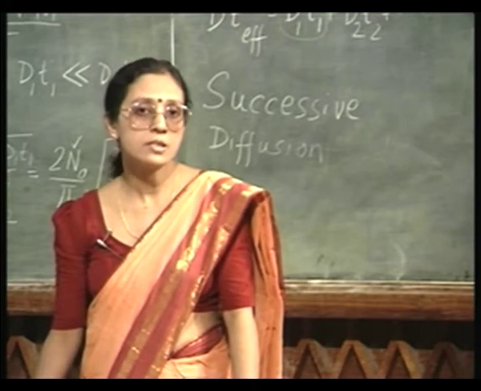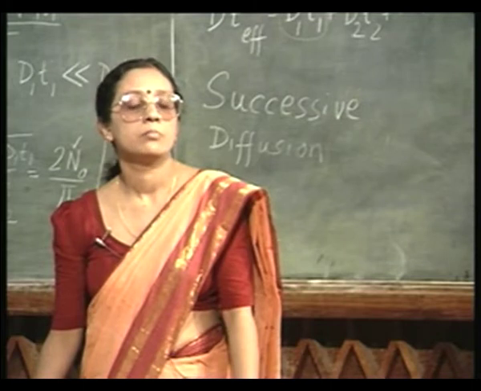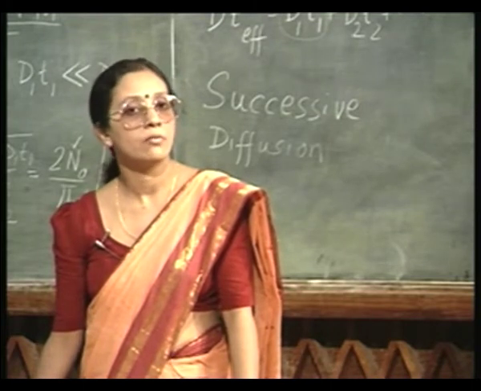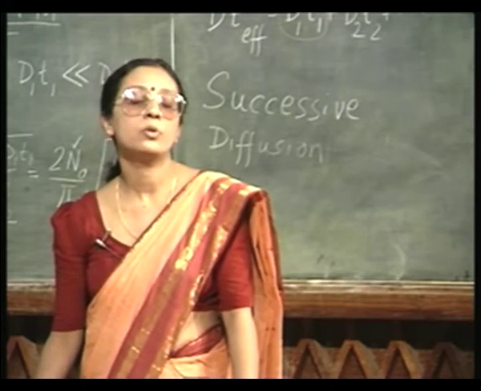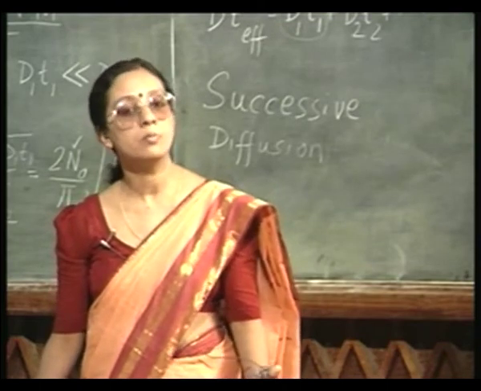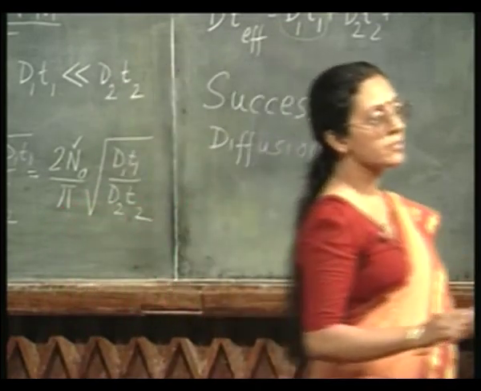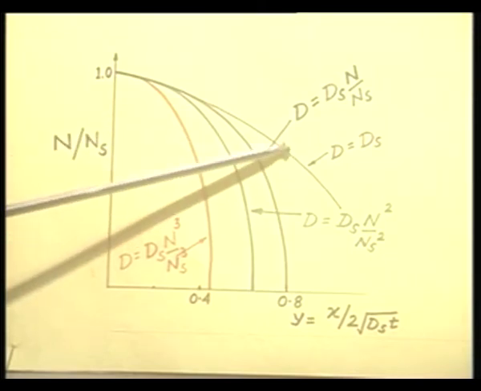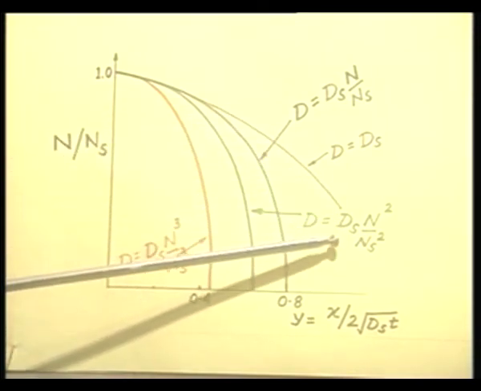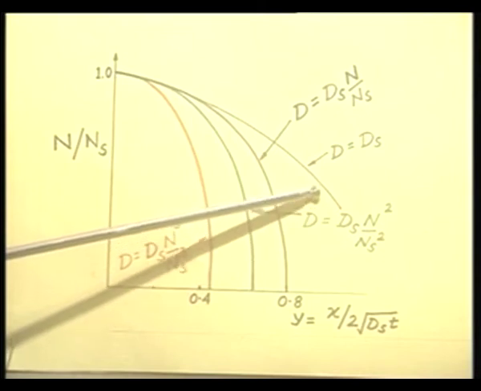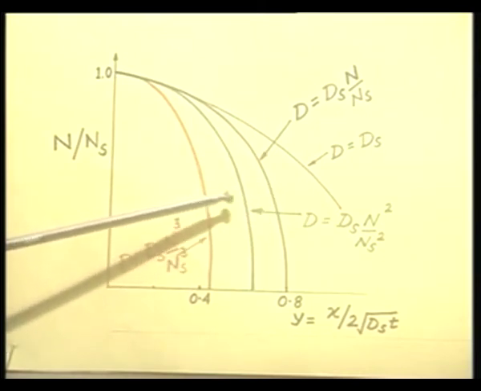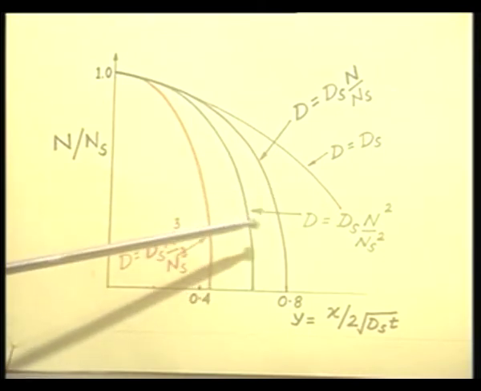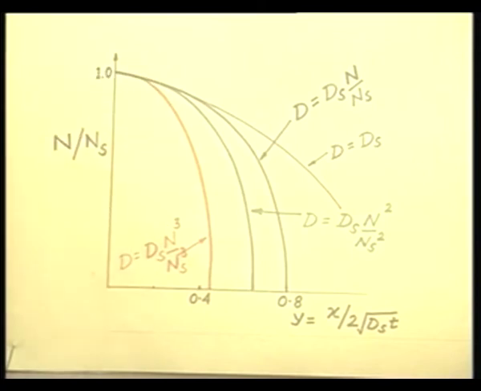So, in a practical situation, the diffusion coefficient will have a number of terms, and therefore, the profile will be somewhere in between, it will not be a straightforward case as we have shown here. That is, this is for the complementary error function profile when D is constant, and for D proportional to n or n square or n cube, it follows a much steeper path. It may be somewhere in between.